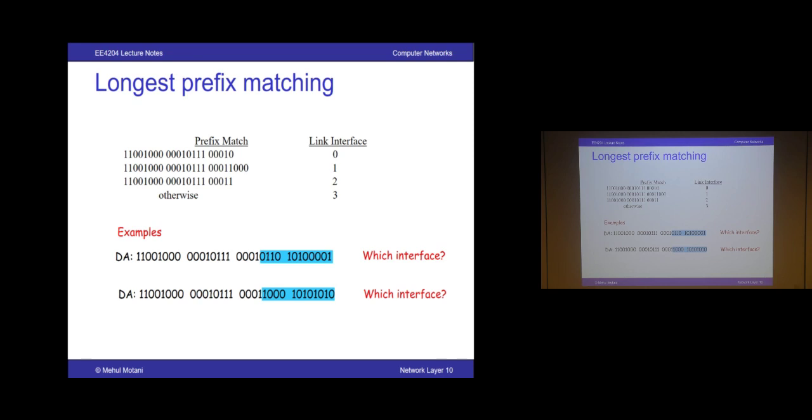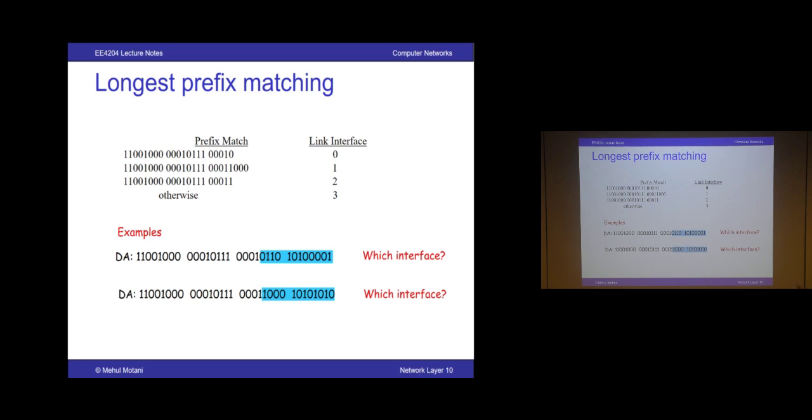So that's all I need. This is the equivalent routing table. I just store 3 prefixes and an otherwise. The way we do forwarding, to decide which interface to use, is longest prefix matching. The packet comes in, you look at the destination address, and you find the prefix that's the longest match.